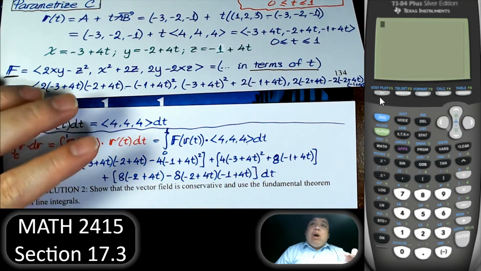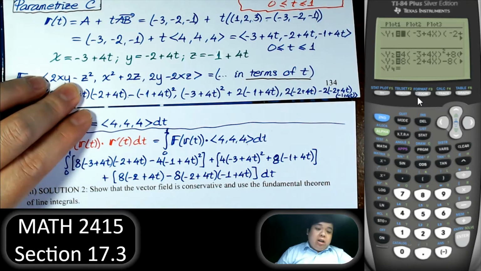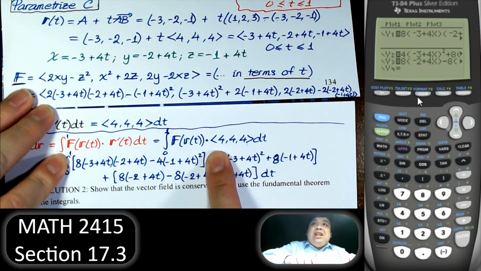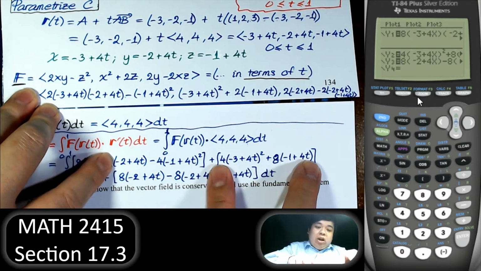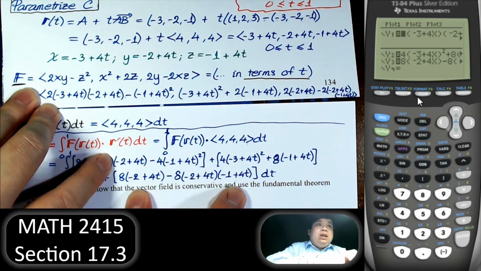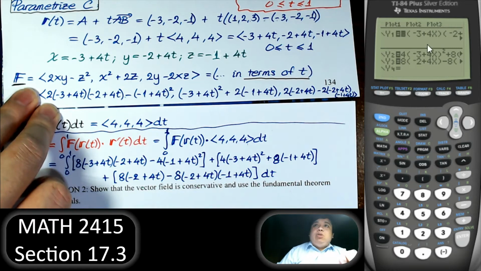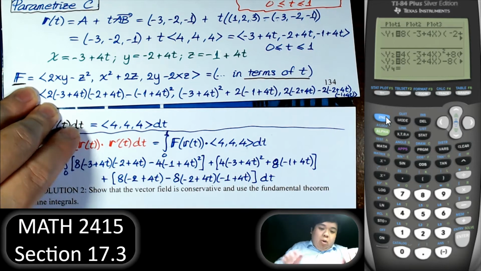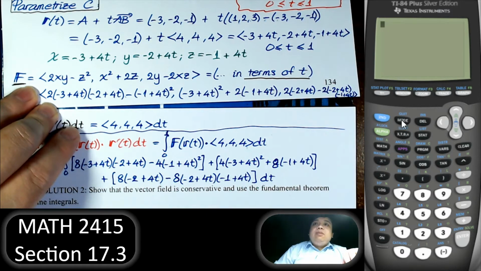Right, so to simplify things, I enter the first bracket in y1, the second bracket in y2, and this bracket in y3. So those are 3 functions, 3 parts of it. And now I just evaluate from 0 to 1, and I would just say y1 plus y2 plus y3.